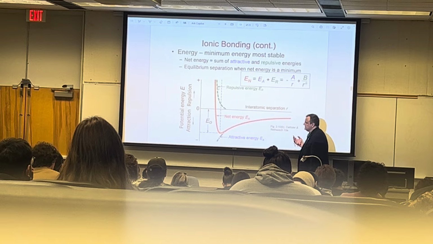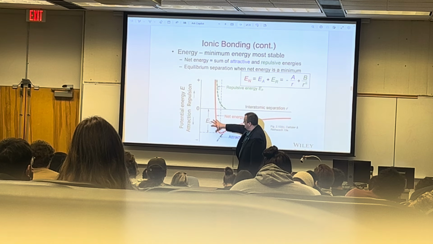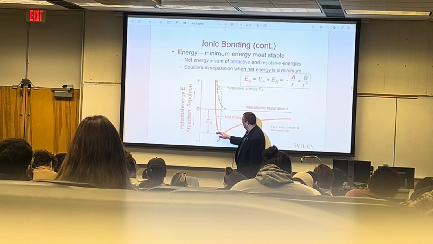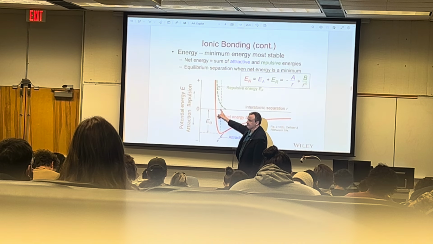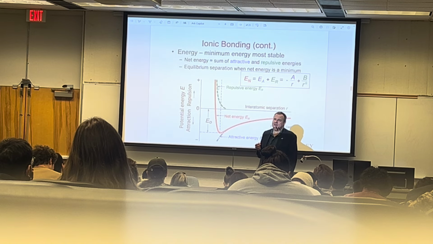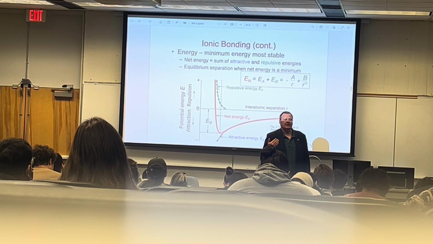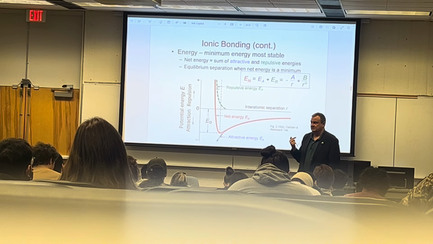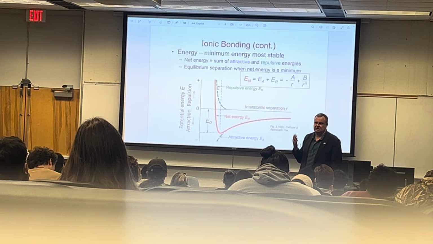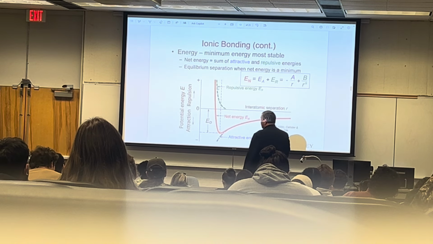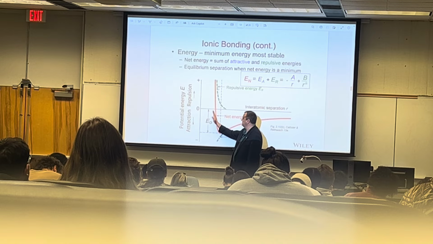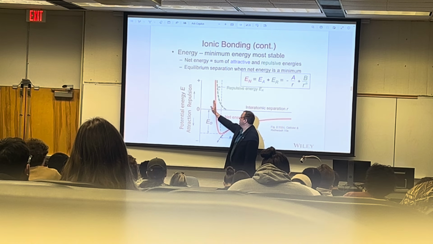So this determines a couple of things. It determines this E0, called the depth of the well. It also determines R0, which is the equilibrium position. And what is the physical meaning of a derivative of a function? What does a derivative mean? Change, rate of change. If I were to draw a derivative function of this, the physical meaning would be the slope at every point.